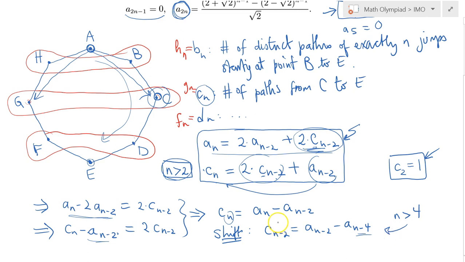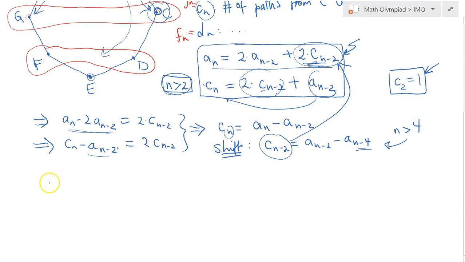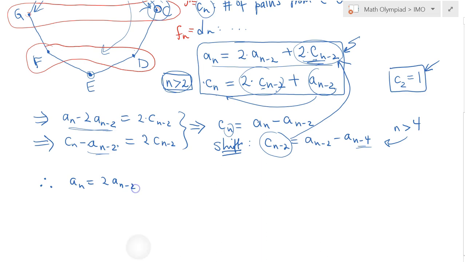Now it's time to replace these two and substitute it into the first equation, say, right? So therefore a sub n is simply equal to 2 times a sub n minus 2, and then I add these. Obviously there's a coefficient 2 in front, so I need to be careful about that. 2 times a sub n minus 2 minus 2 times a sub n minus 4.